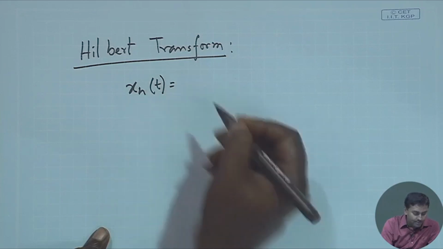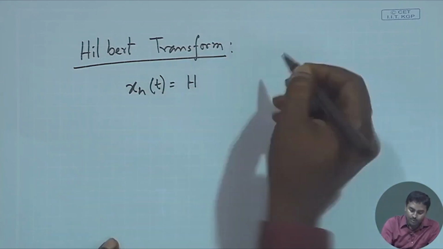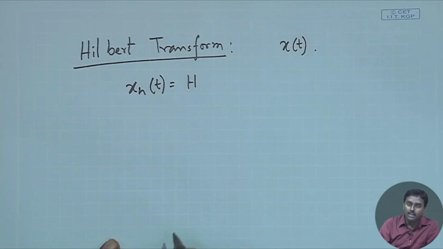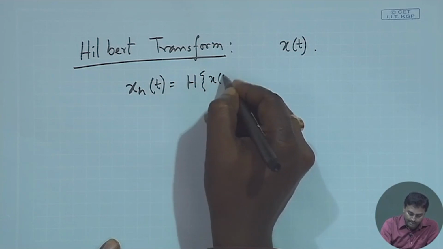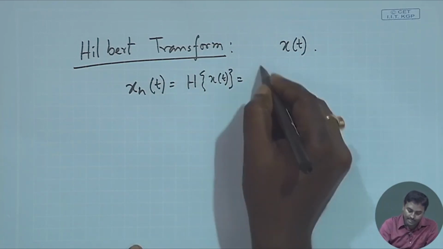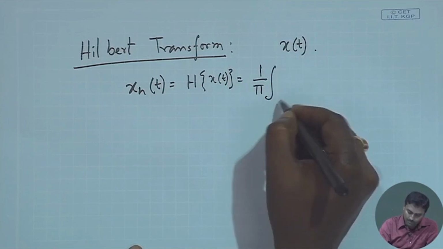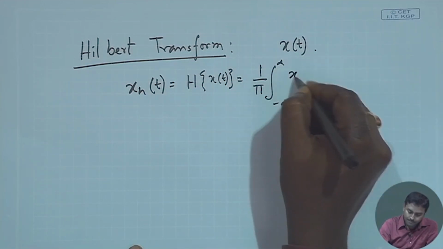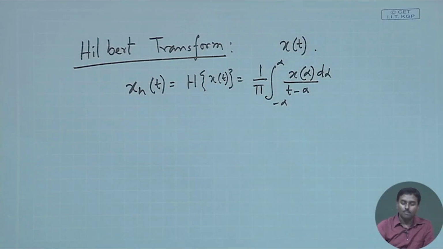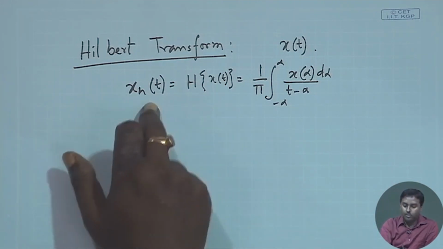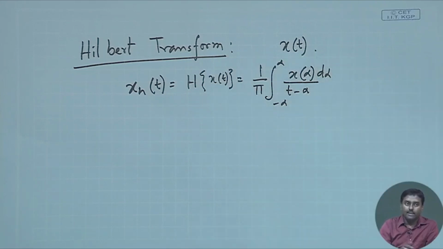Suppose I have a signal x(t), the Hilbert transform of that signal will be x_h(t), which is the Hilbert transform of x(t), and it is represented as 1 by pi times the integral of x(alpha) d alpha divided by (t minus alpha). It is of course a function of t, and I have taken alpha as the dummy variable for integration.